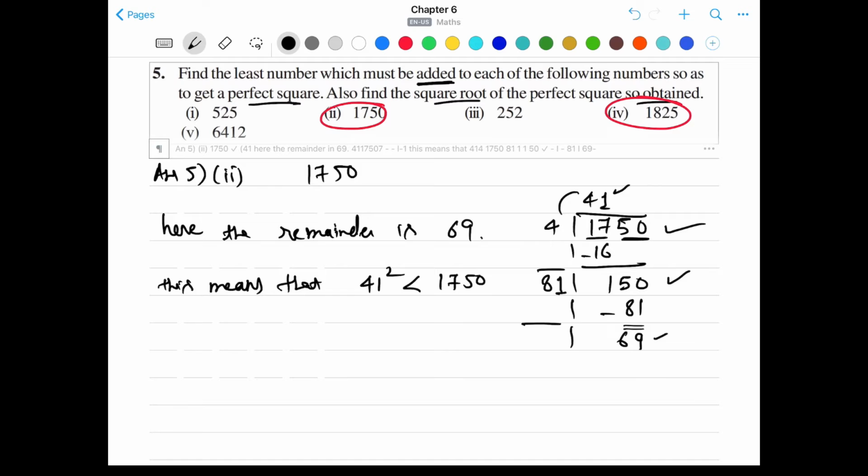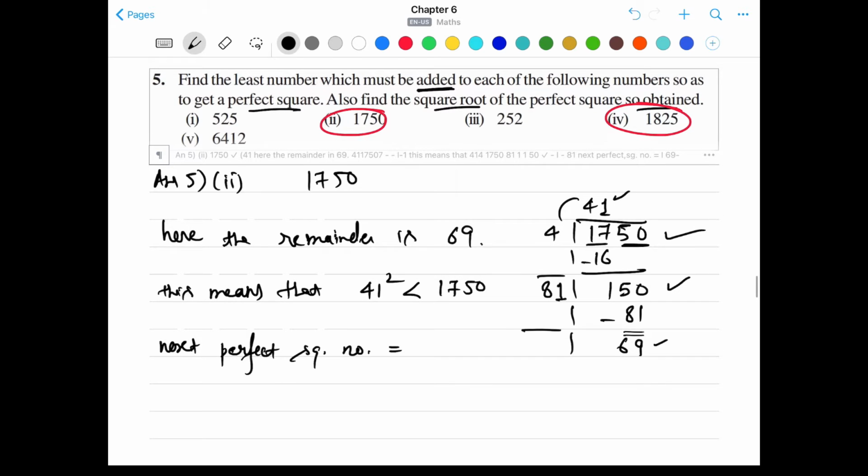So the next perfect square number is the square of 42, and the square of 42 is 1764.